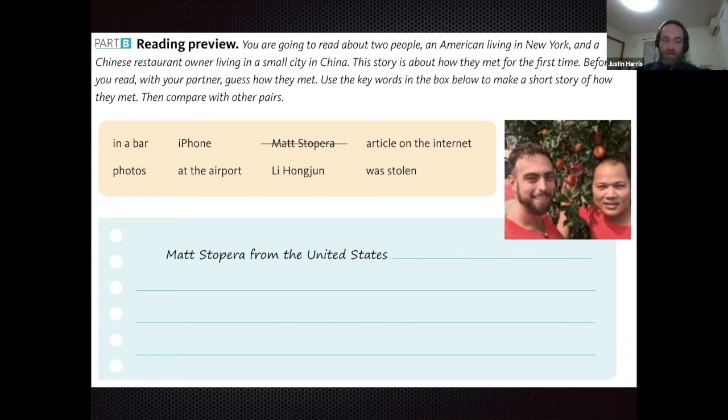Very quickly, because we've still got a few slides, what happened was this guy worked for BuzzFeed. Actually, if you've got a spare 20 minutes later, it's a great story. It's on BuzzFeed. His iPhone was stolen. He got a new one, and photos started appearing on his phone of this guy in front of an orange tree.